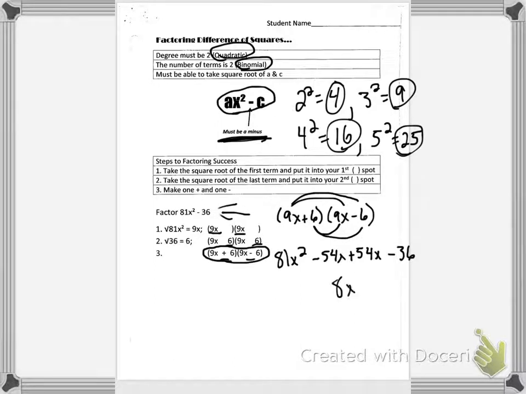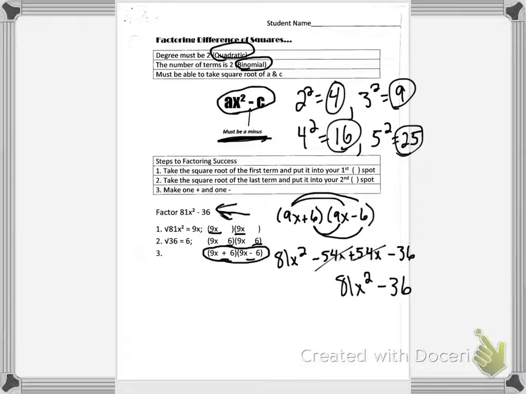Combining my like terms and simplifying this, my x terms cancel each other out. So I get 81x squared minus 36, which is my original problem. So I know that these two are my factors.